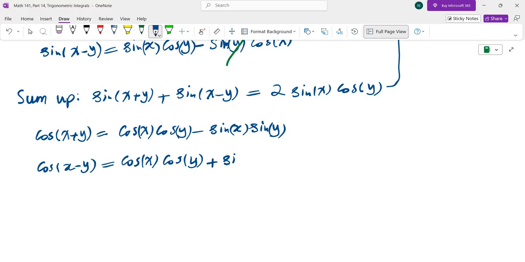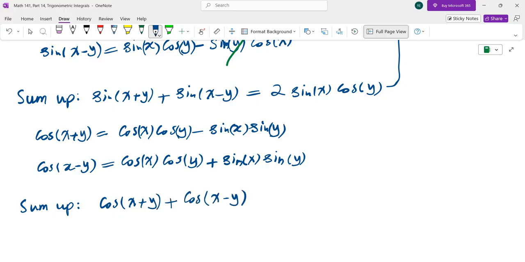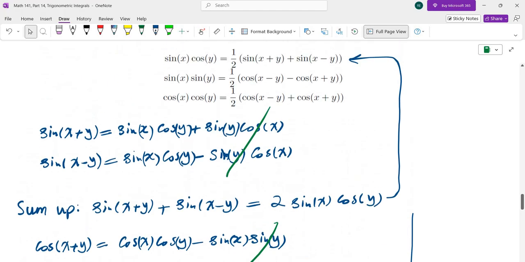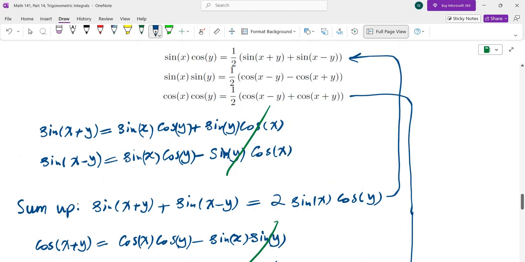And this one becomes positive sine of x, sine of y. Now if we sum them up, we get cosine of x plus y plus cosine of x minus y. These two cancel, and what is left is twice cosine of x cosine of y. And this is the third identity that we got here.